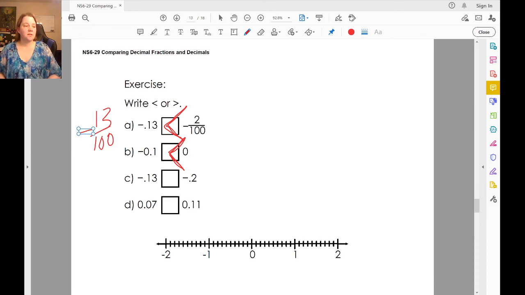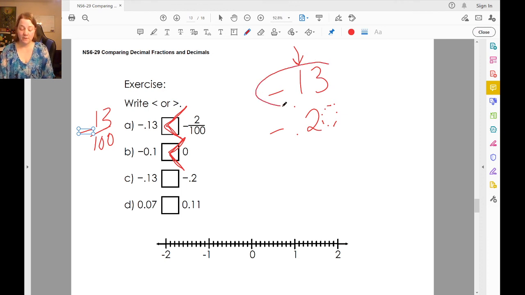What about letter C? Negative 0.13, negative 0.2. We don't know what's here, so there's nothing here, so we're going to put a 0. Now that we have that, let's compare. Which number's bigger here? The 2 is bigger, and because they're both negative, that means 0.13 is moving less in this direction.